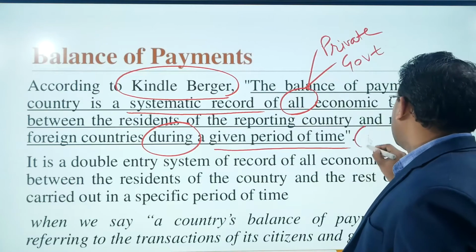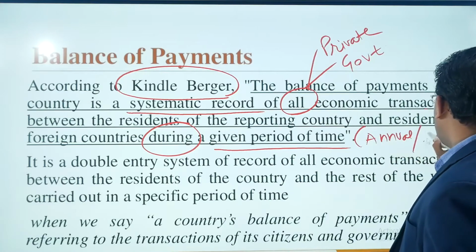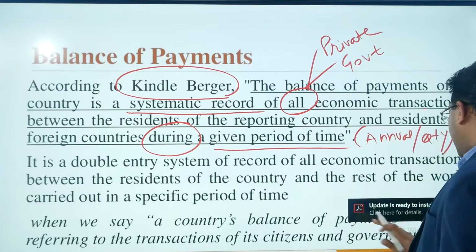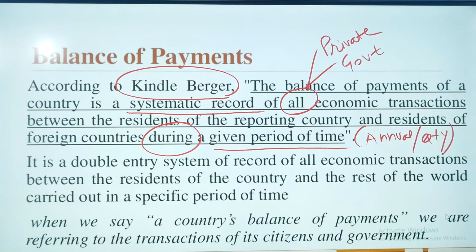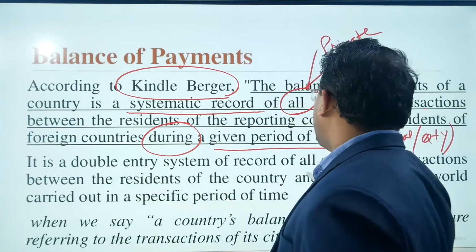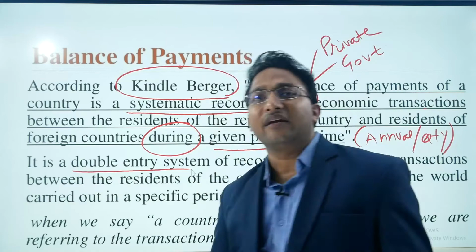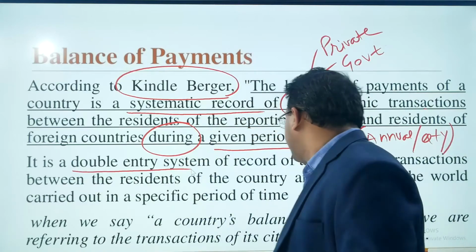Normally this is annual and also quarterly, right? So we are calculating this on an annual basis as well as on a quarterly basis. It is a double entry system of record, that means there will be entry both on the debit side and the credit side.